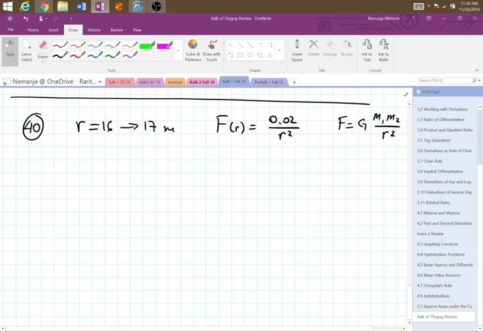You have the same for electrical, with the electrical constant, and you will have the charge 1 and the charge 2 divided by the separation squared. The formulas all look the same, just different letters. Here, all of this is already calculated for you into a single number, 0.02, and all you need to work with now is the r squared.